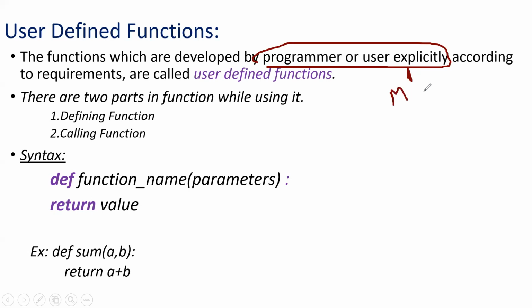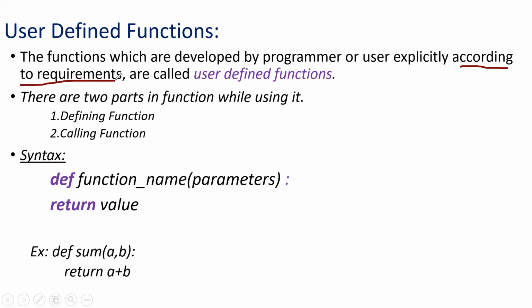That's the reason these functions are defined by the user or programmer according to our requirement. Where there is a need, we can create our own functions. Those are called user-defined functions.